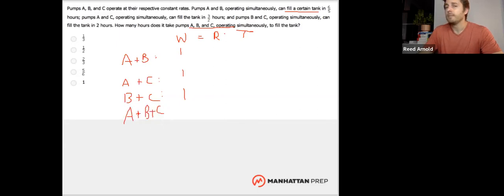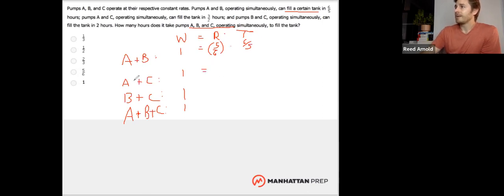Okay. Well, what do I know about A and B together? Well, their time is 6/5. And it's important that you don't mix up time and rate, but they can fill the tank in 6/5 of an hour. And that actually tells me that their rate is 5/6. They do 5/6 of the tank in 1 hour, because rate times time needs to equal 1.